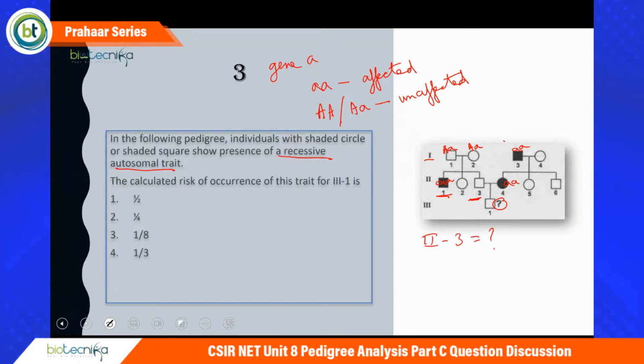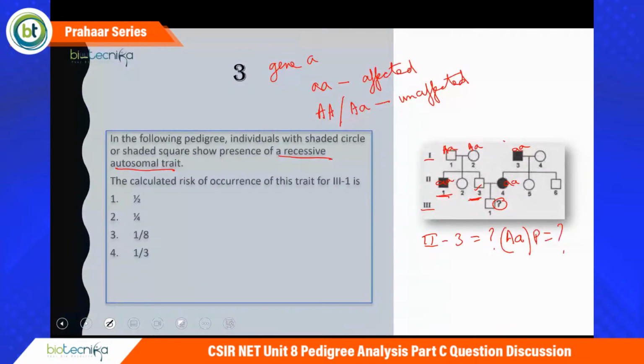Now see, if we want this particular recessive trait to pass on to the third generation, then it is only possible if this individual is heterozygous. But what is the probability of that? So that we have to calculate.